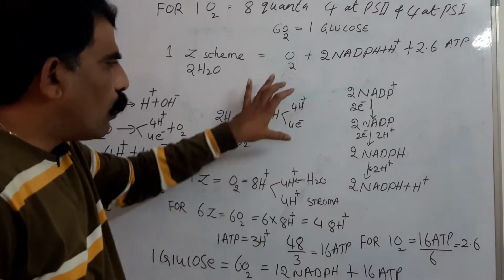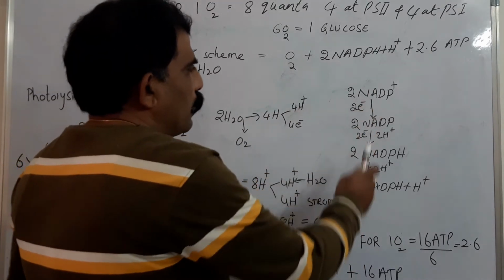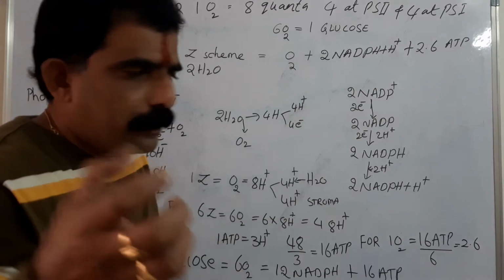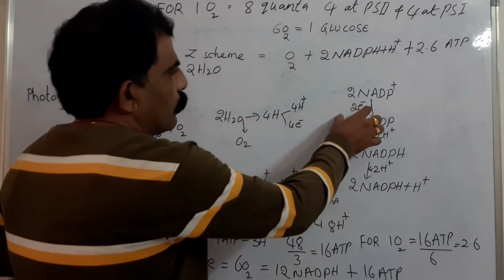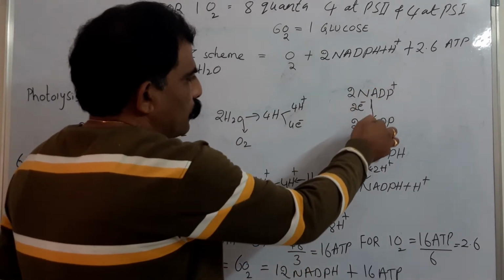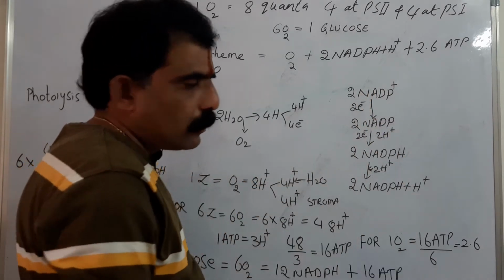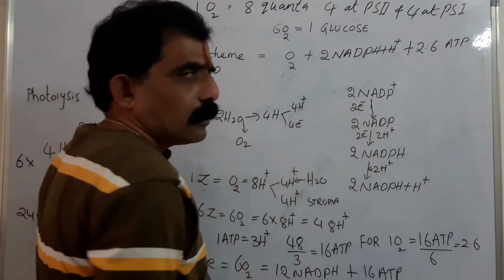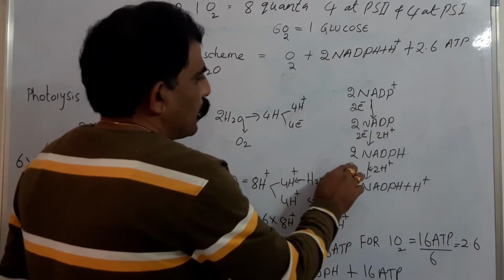Of these, NADP plus, which is the oxidized state, takes 2 electrons, so that NADP plus is reduced to NADP. In the further reduction, 2 electrons, 2 protons are added, so that it is further reduced to NADPH.